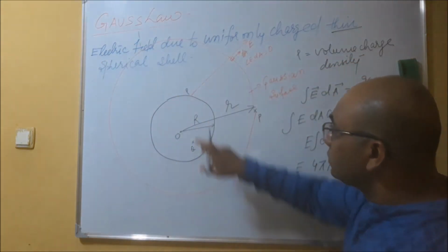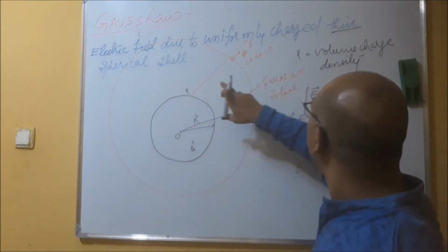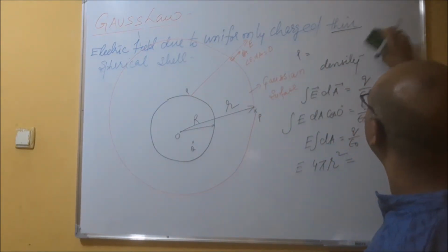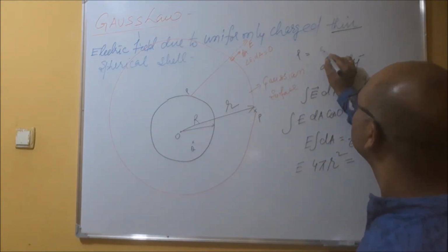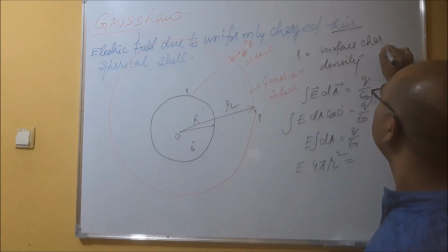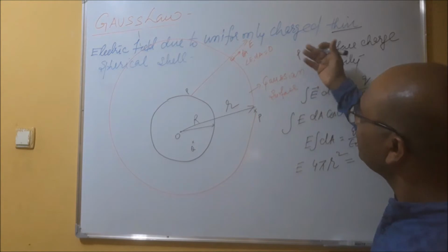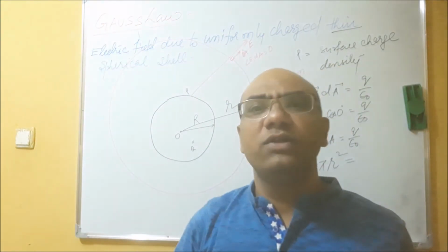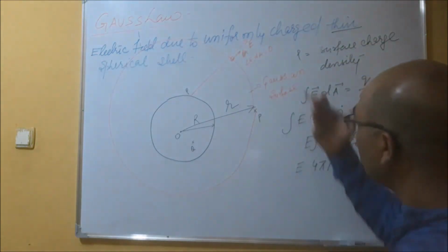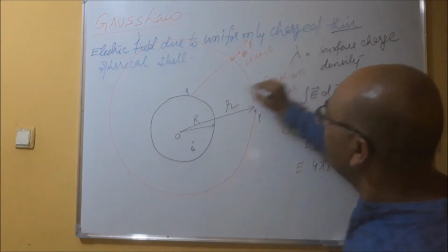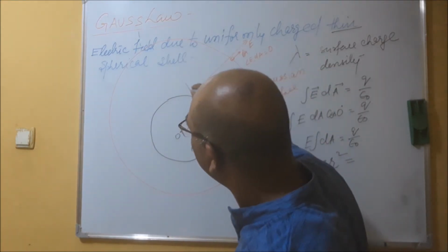So we can correct here like this, that this is the surface charge density, and if you want, you can replace it by lambda, otherwise it's just a symbol, so no need to change it. Okay, if you are still confused, then you can go with lambda, and again this would be lambda.